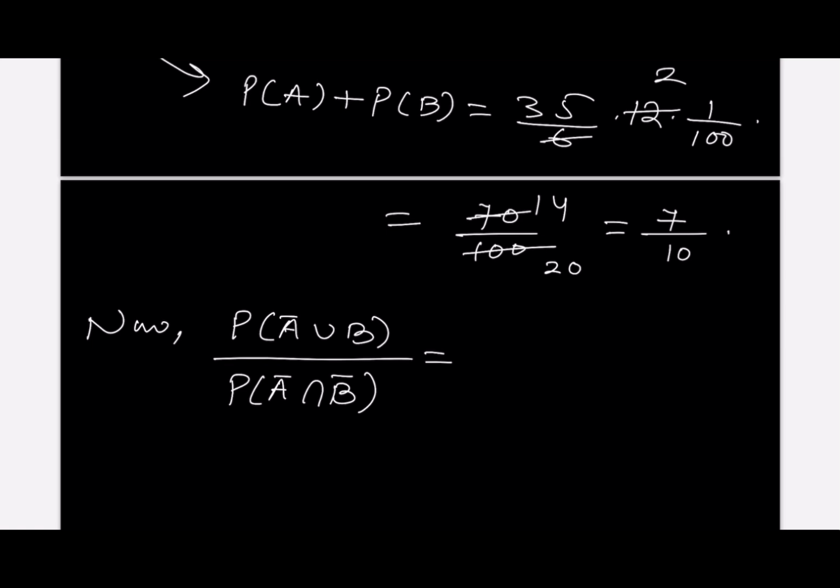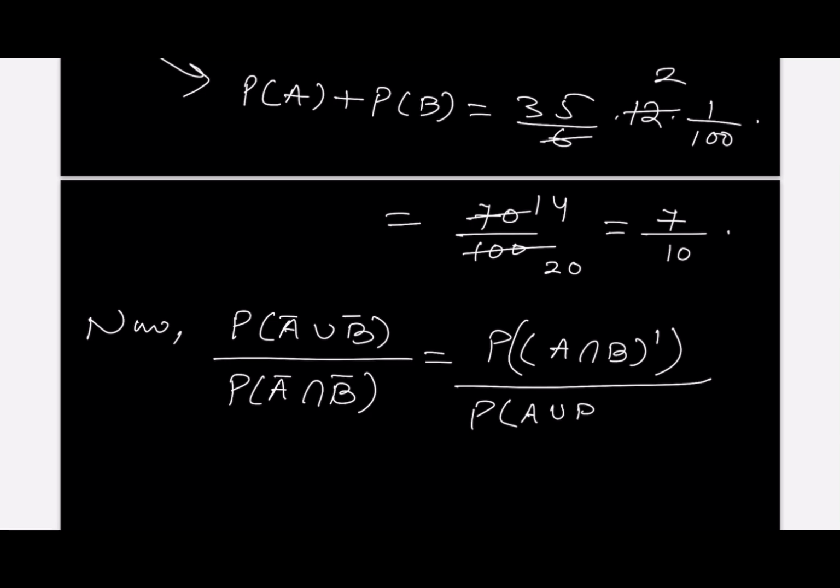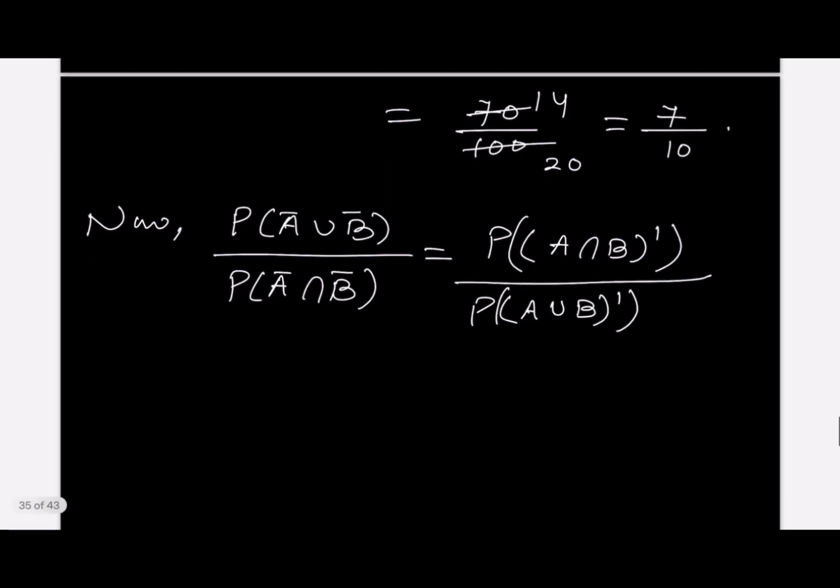But P of A complement union B complement is nothing but P of A intersection B whole complement, using De Morgan's law. And similarly, P of A complement intersection B complement is P of A union B whole complement, again by using De Morgan's law.